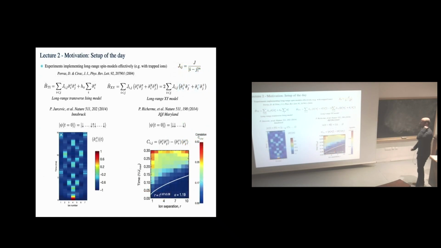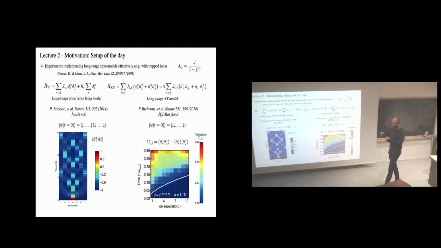Good, so the type of dynamics that I want to look at for an example is either the transverse Ising model or this long-range XY model. This was very fancy in the year 2014, when they had these ion trap experiments. The nice thing in these ion trap systems is that one can trap the ions, and then couple the internal degrees of freedom of these ions to motional states of the whole ion crystal.